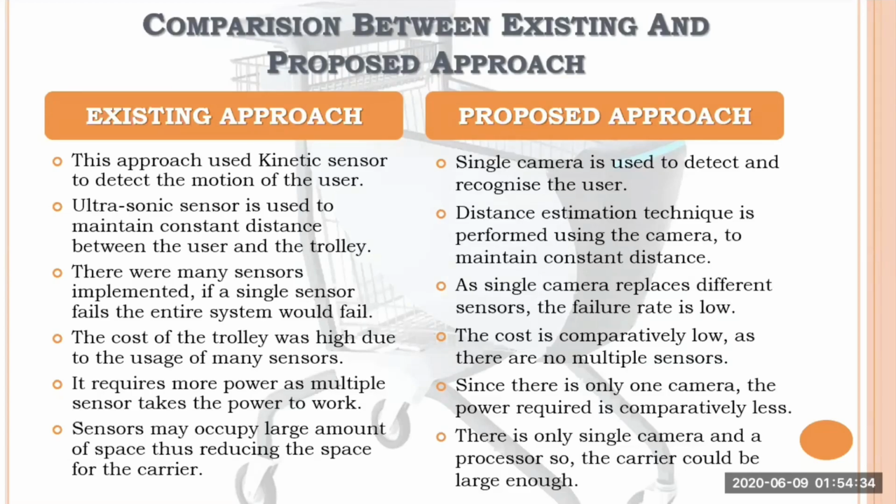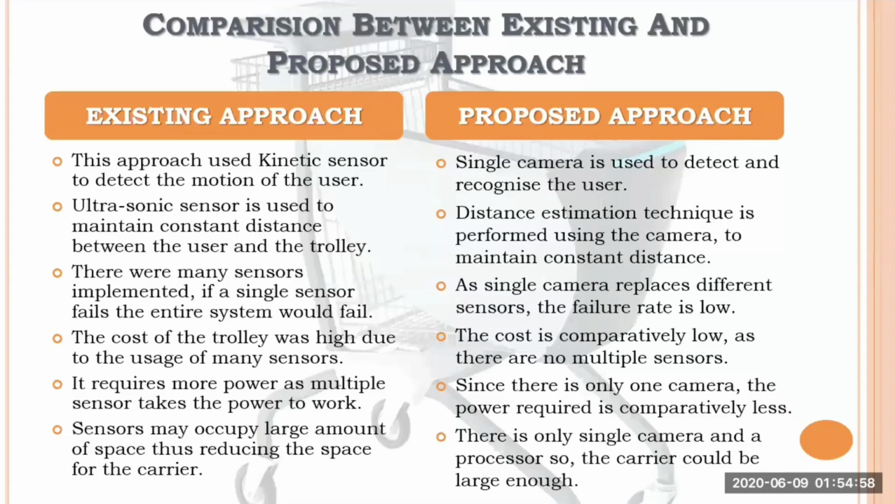Coming to the third comparison between the existing and proposed approach, there were many sensors implemented. If a single sensor fails, the entire system would fail. As said by Likith, there were ultrasonic sensors and kinetic sensors, and in the existing system, we also showed some images consisting of different sensors. This clearly shows that only if every sensor worked was the project well and successful.